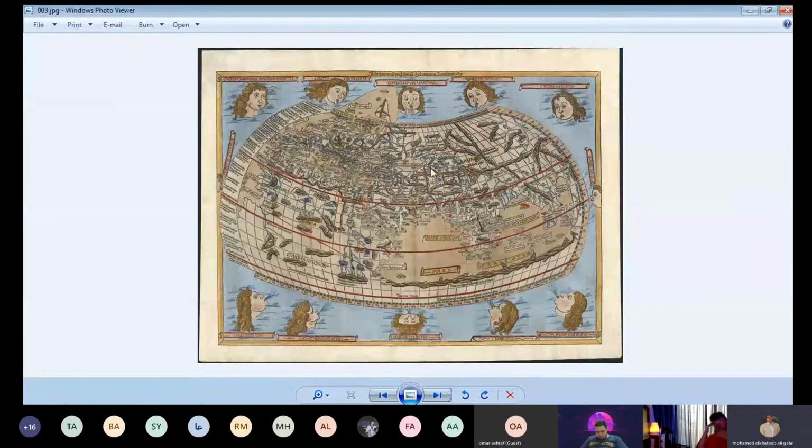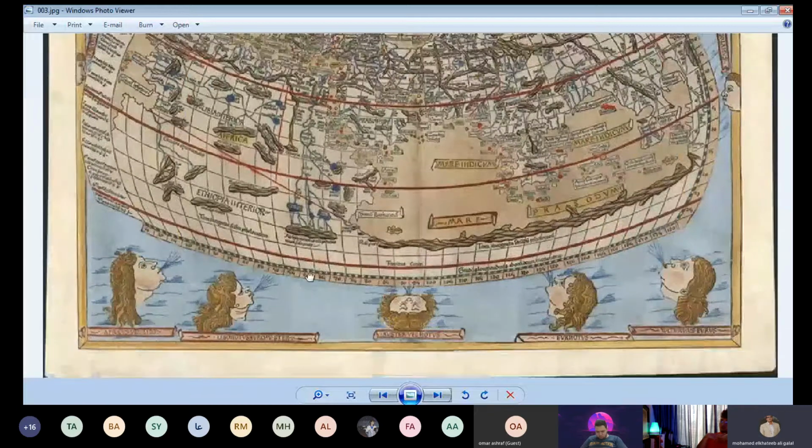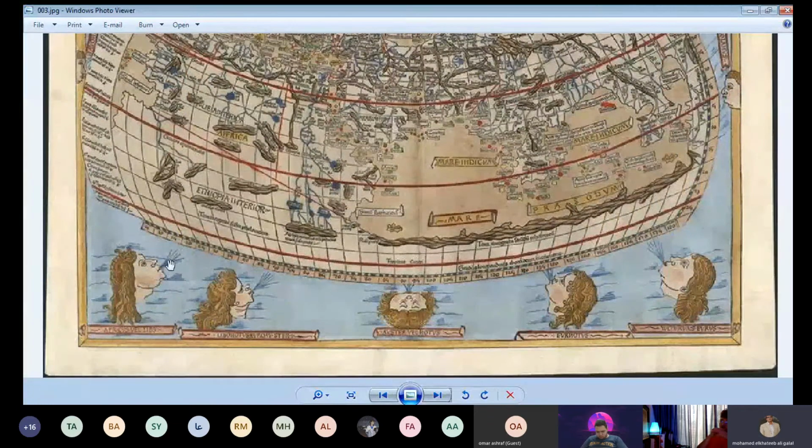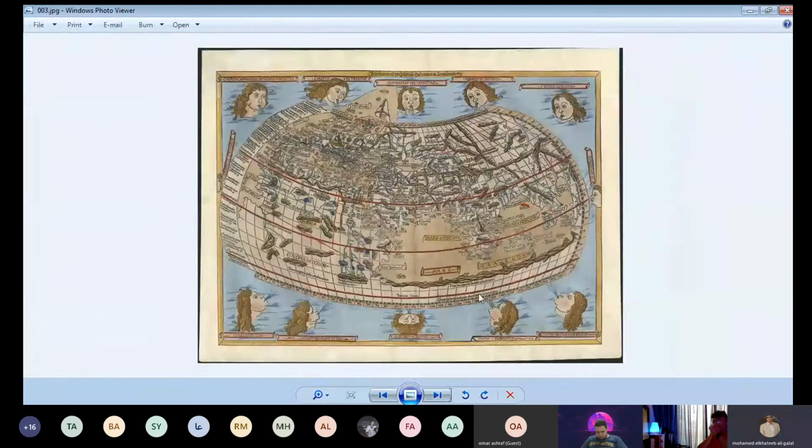They drew this map, and after drawing it, they simply noticed that at these specific spots in the map, they would face strong winds. So this is the direction of the winds. This is from their own point of view.